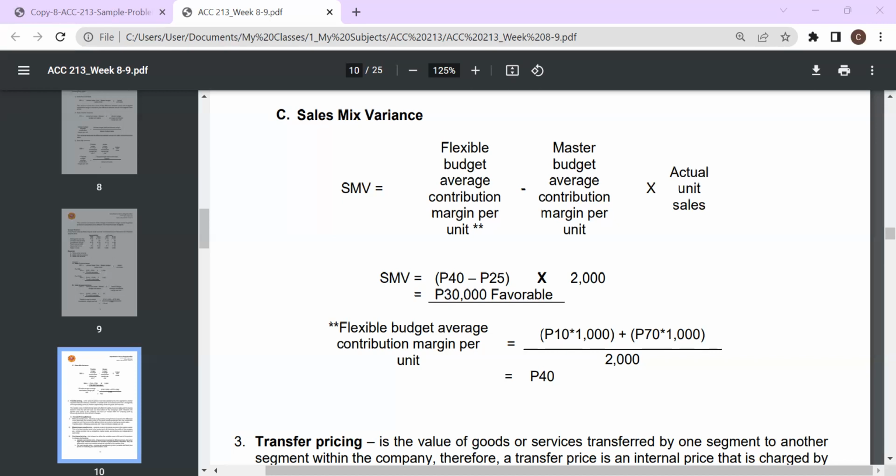Okay? So that's how you compute for the sales mix variance. So it's just the difference between your flexible budget contribution margin per unit and your master budget average contribution margin per unit multiplied by the actual sales volume.